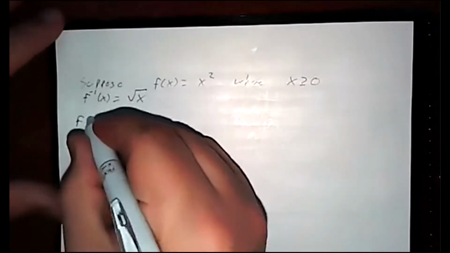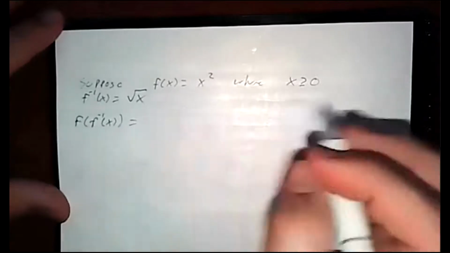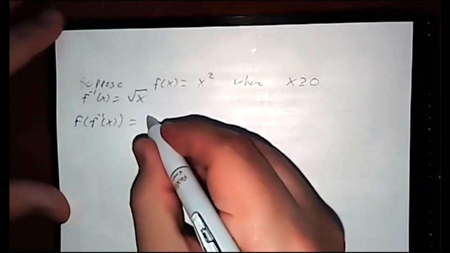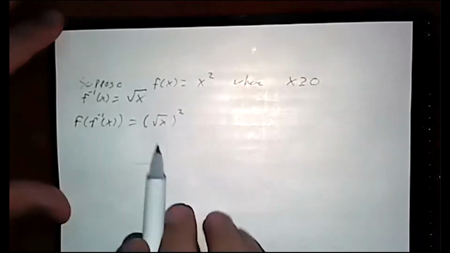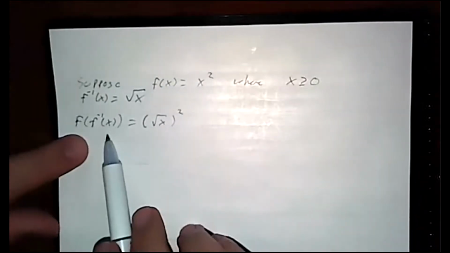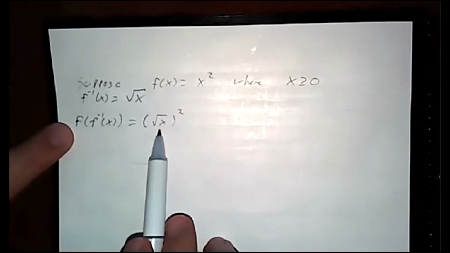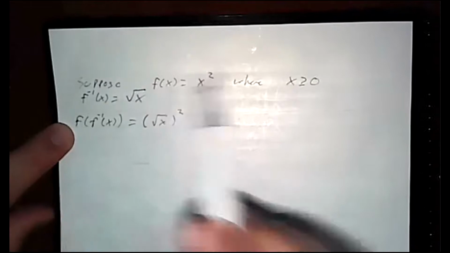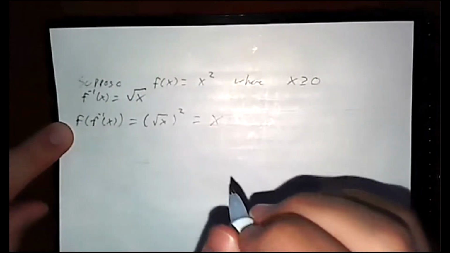So if I were to do f of f inverse, that would be the squared function outside and the root inside. So I'm plugging the inverse into the f, which gives me x. You see that?